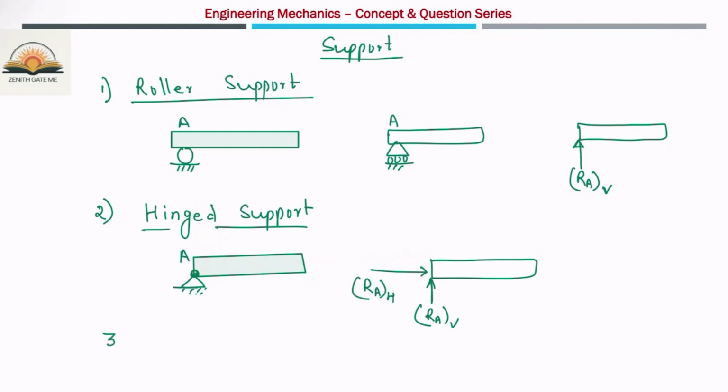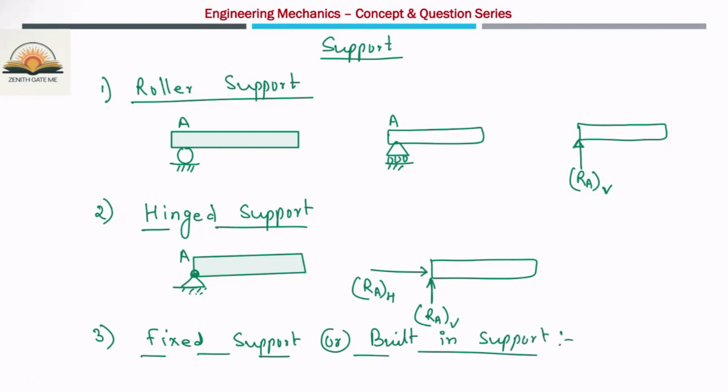Now move to the next one, which is nothing but the fixed support. It is also called a built-in support. So in case of fixed support, how many reactions will come into the picture? Three reactions will come because three motions are restricted.